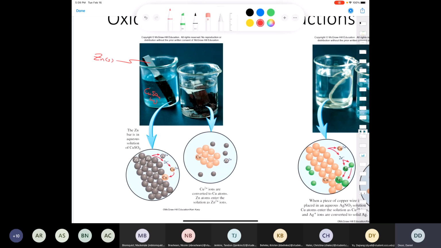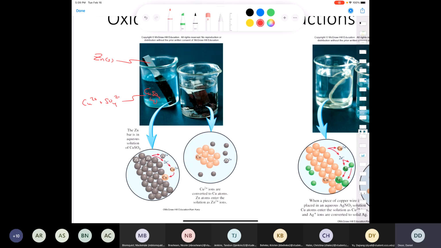Spontaneously, the zinc is losing 2 electrons, right? This part right here represents the zinc metal. The solid zinc is losing electrons, transferring them to the copper. Why? Because copper sulfate is made from copper 2+ and a sulfate anion.